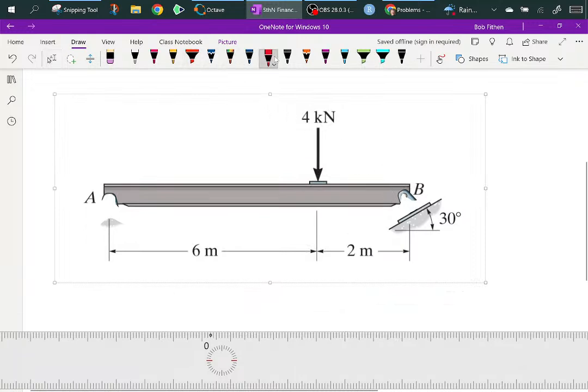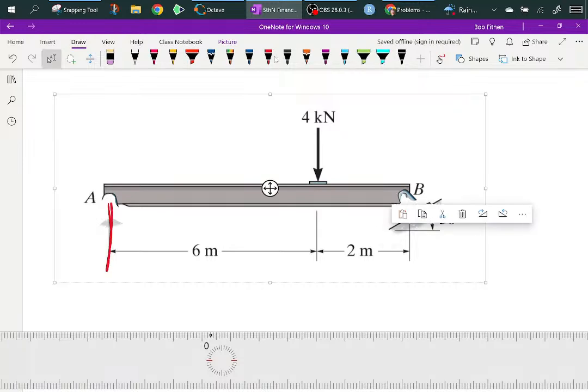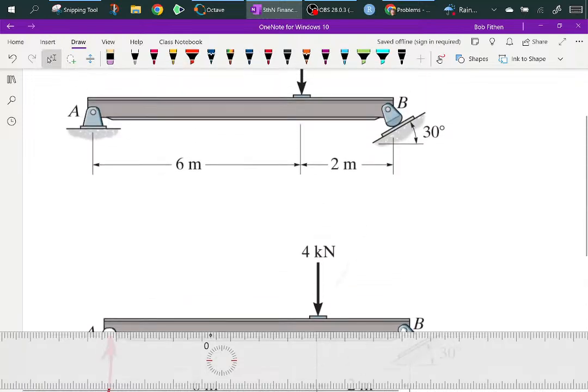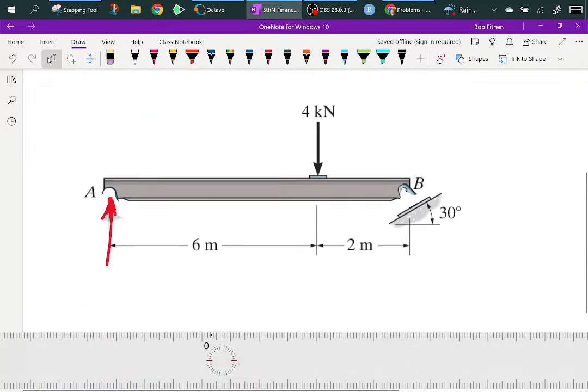And start working it. Okay, looking back at the member, we realize this can take a vertical load, and then if you look at the thing, it can also take a load this way, which I'll call AX and AY.